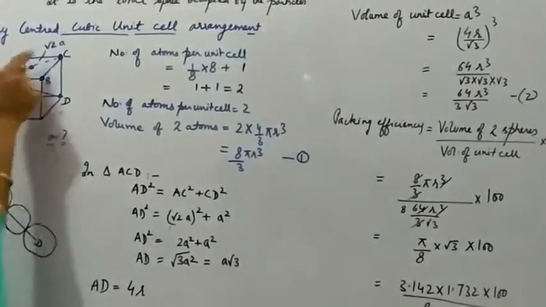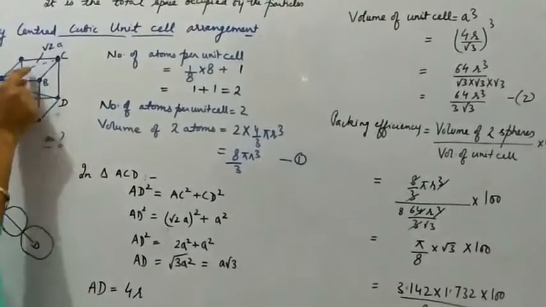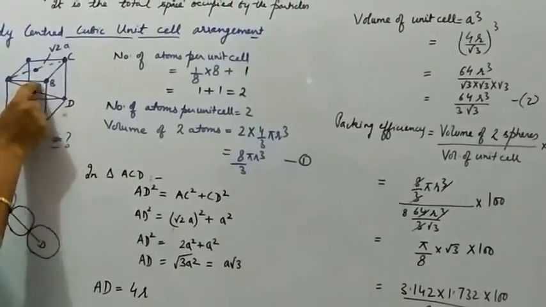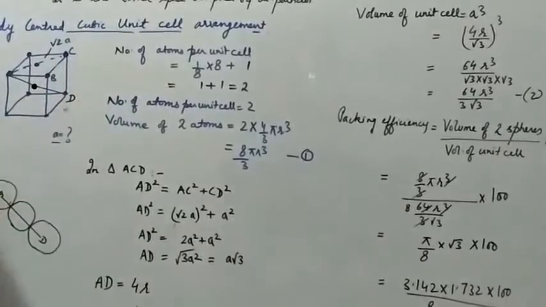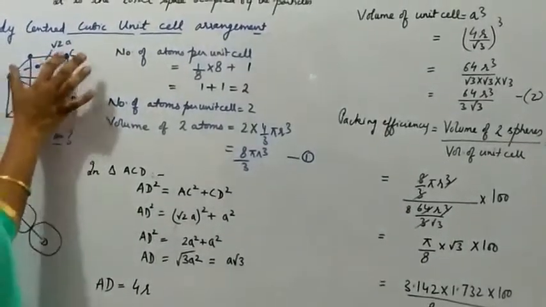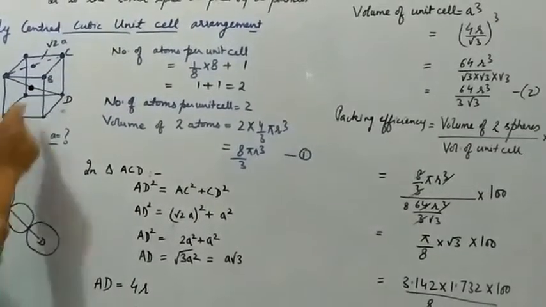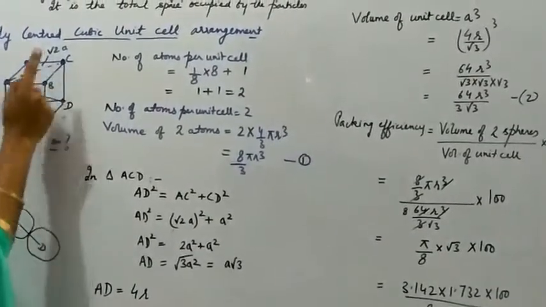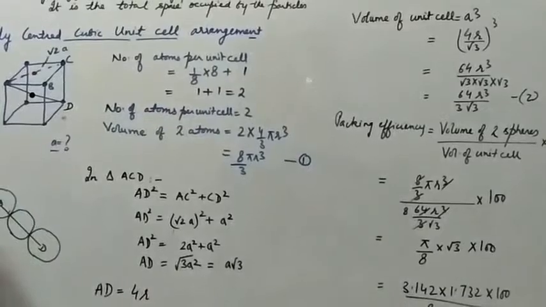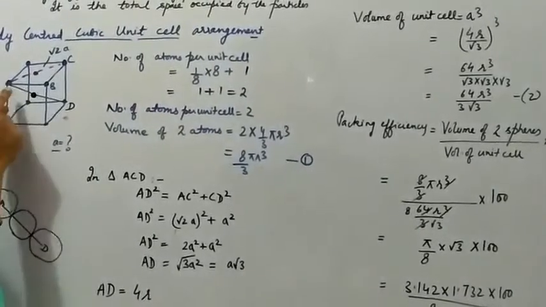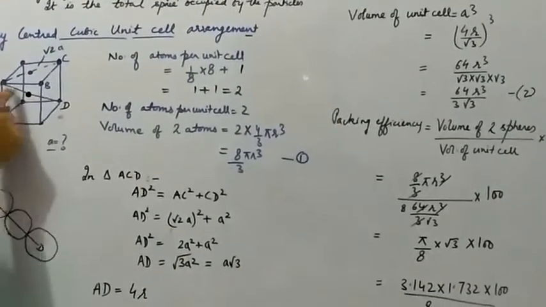In triangle ABC, the hypotenuse is AC and the sides are a and a. So we apply the Pythagoras theorem: AC square equals AB square plus BC square. Putting the value of a, we get AC as root 2 a.